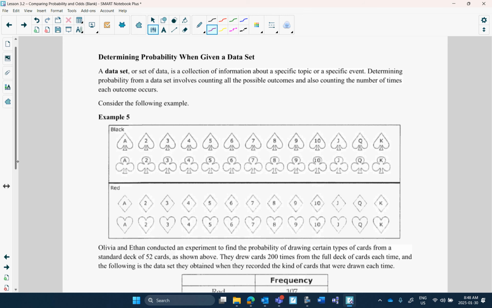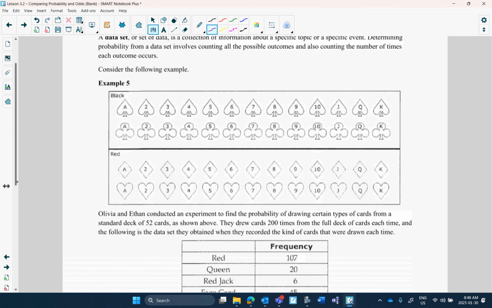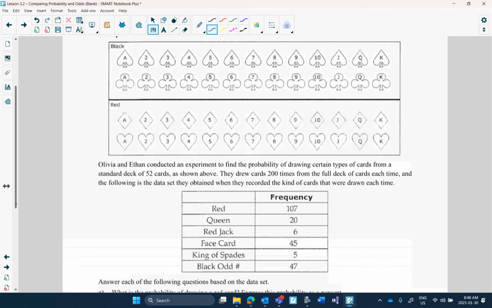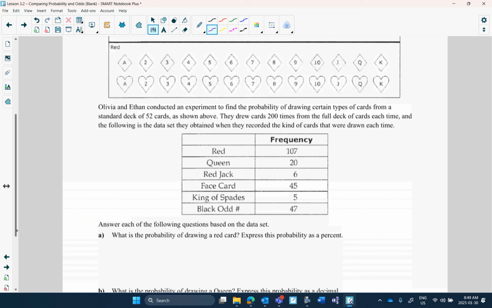This is just a picture of all the possibilities in a standard deck of cards. 13 spades, 13 clubs, 13 diamonds, 13 hearts, 26 black cards, 26 red cards, 4 of each: aces, 2s, 3s, all sorts of different ones. So we would be able to calculate probability and odds from that.